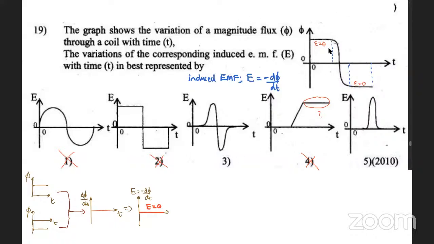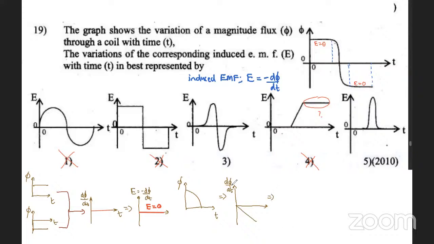The third one, what is the third one? This shape, the second shape. When your phi looks like this, it's not exactly like this, but we can consider it like a shape like this. It is similar to a displacement-time graph where the velocity is increasing in the negative direction. If you consider d phi by dt for that shape, you will get a graph like this.